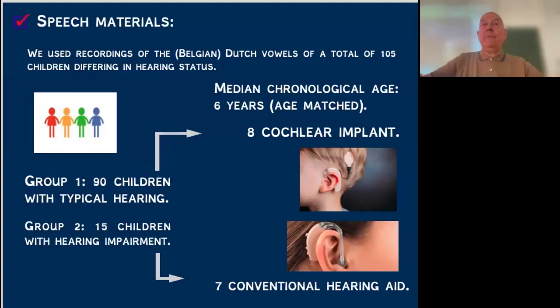There's a lot of regional variation, particularly in the vowels, as in many geographical areas. For each child with a cochlear implant, we had 10 children from exactly the same region, in fact the same school, so that they matched well in terms of vowel production.